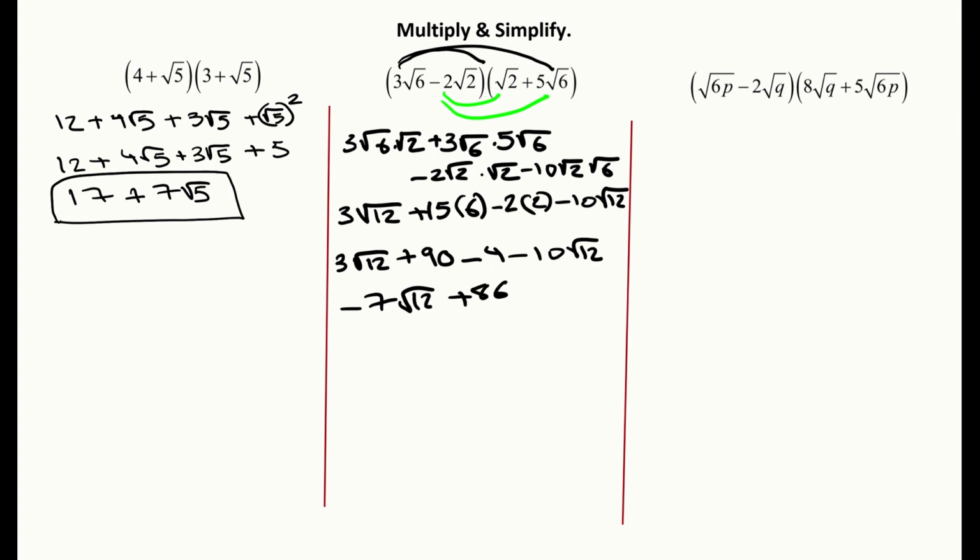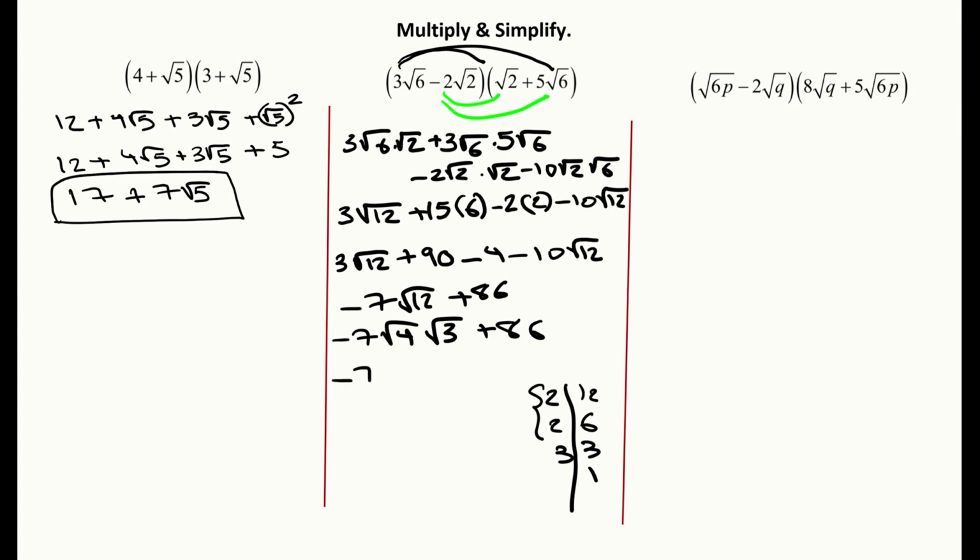86. So the last thing we'll want to do is make sure this is simple, and of course we know that 12 breaks down into 2, 6, 2, 3, 3, 1. So we can break it up as square root of this perfect square, which is 4 times the square root of 3 plus 86.